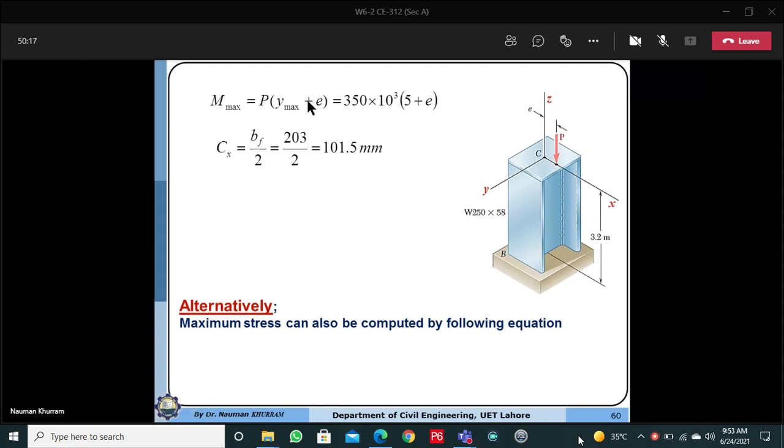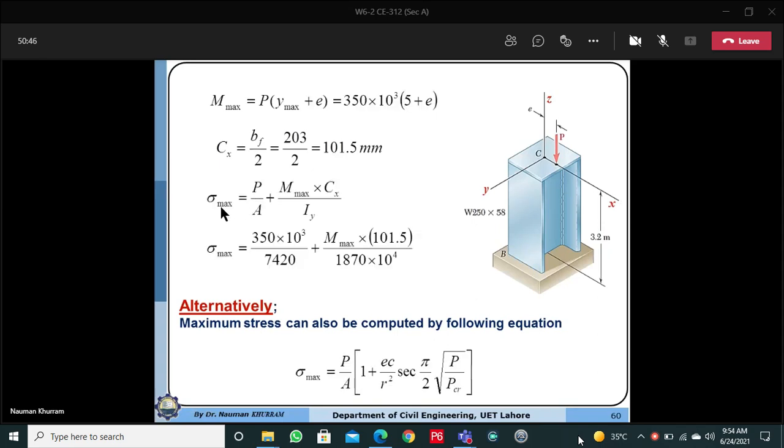So the total bending moment will be produced by the total eccentricity, E plus the additional deflection produced by the P value. The P value is given as 350 into exponent 3, which we convert into Newton. Y maximum is already given. The E value we just determined from the previous expression. So Cx will be equal to Bf by 2, which is 101.5.